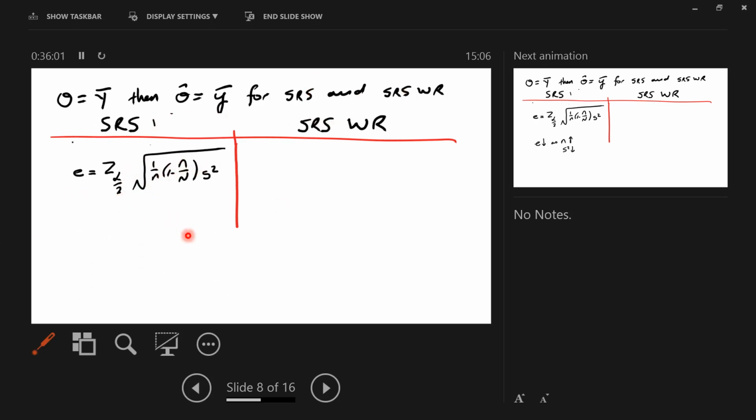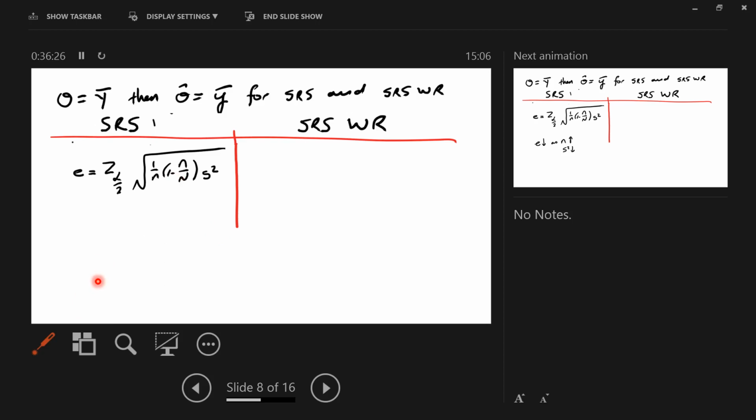If you go back to that table I gave you earlier on, you will see this is the formula for the error. The 1 over n, 1 minus n over N, s squared is the estimated variance for simple random sampling without replacement. I want you to look at this now. That is your error.